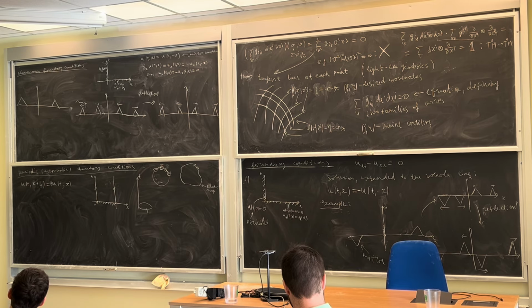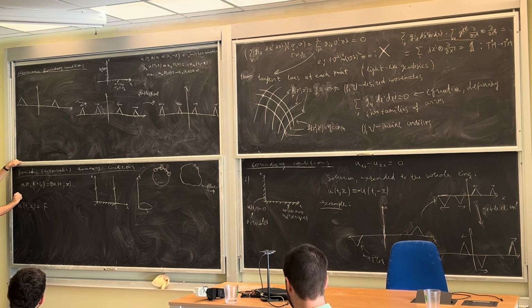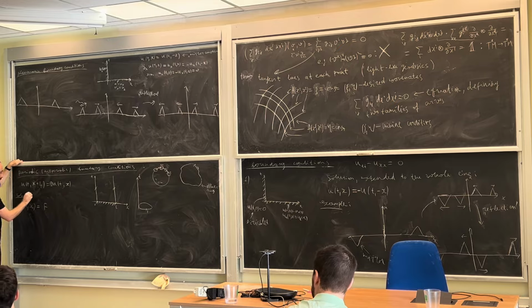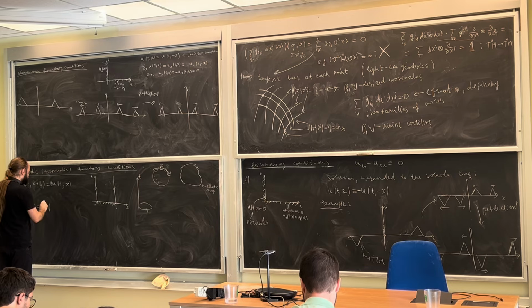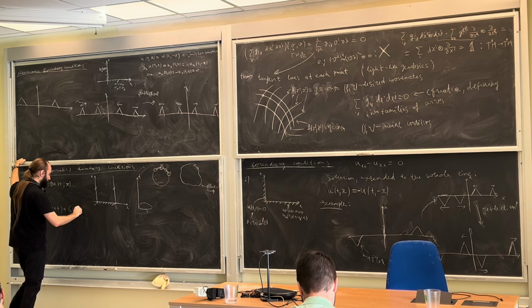We know that locally u of t and x is given by f of x plus t plus g of x minus t.